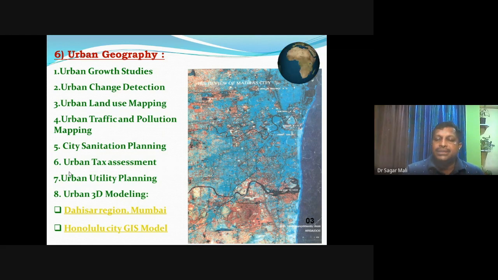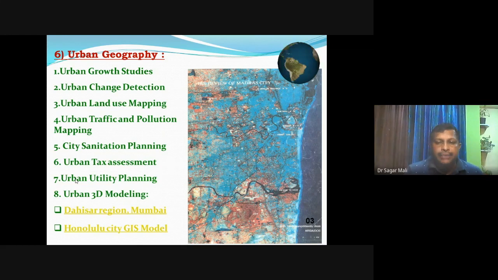Urban tax assessment is another very important benefit, giving an economic boost to the urban local government. On a GIS platform we can digitize every building, and we can attach the data of every house owner, and we can find out their tax record, how much tax has been paid and how much tax is pending.